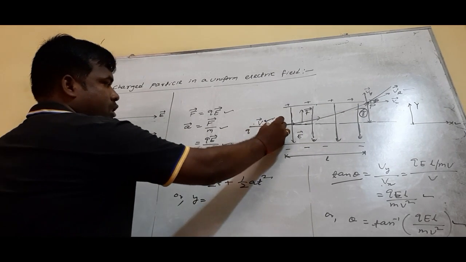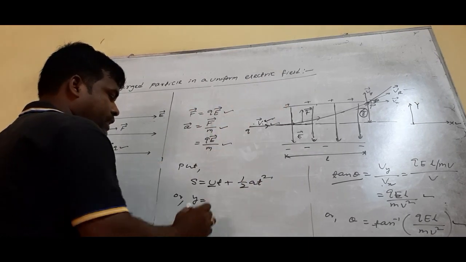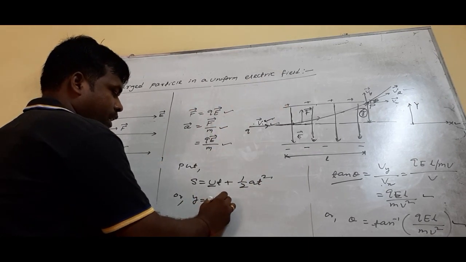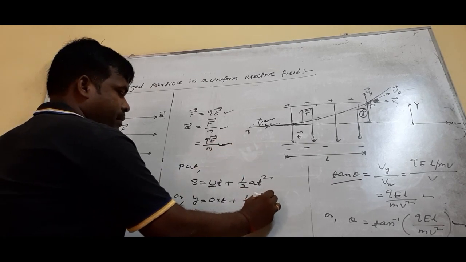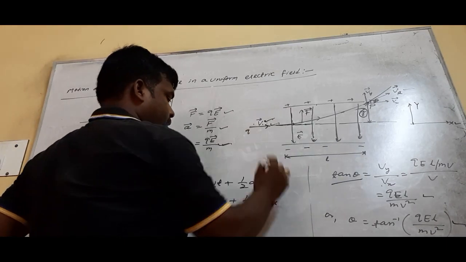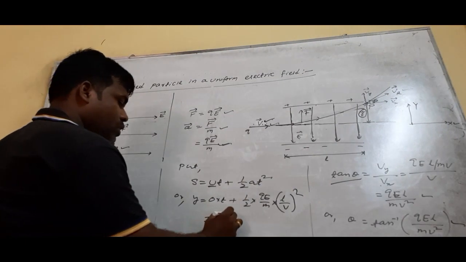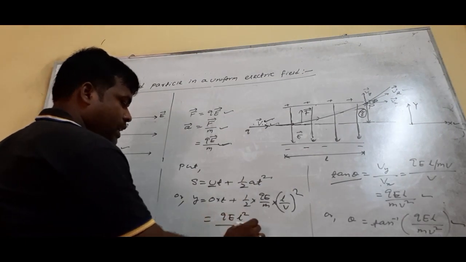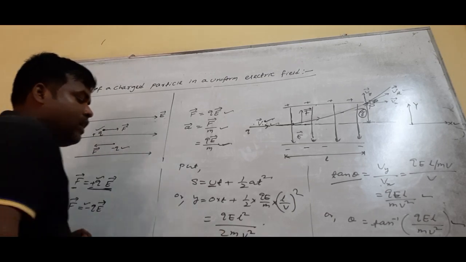Initial vertical velocity is 0 because this velocity is along the horizontal direction, that is along the x axis. So 0 into t plus half acceleration, that is QE by m, and t just determined, that is L by v, whole square, that is equal to QEL square by 2mv square.